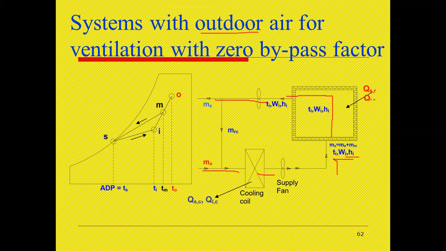So this graph shows T indoor, T outdoor, T mass, outdoor, indoor. The ADP is the temperature at this point, where all the points intersect.